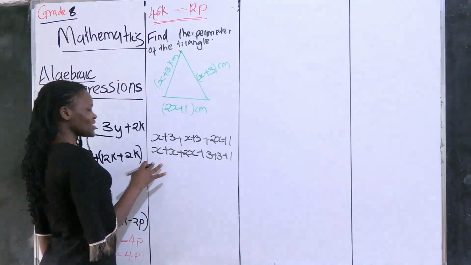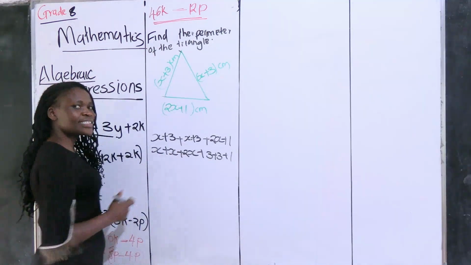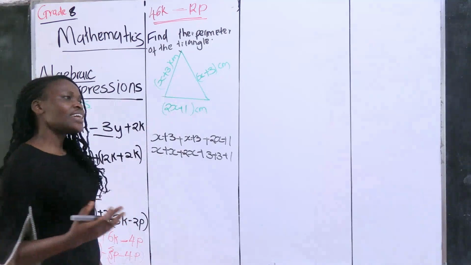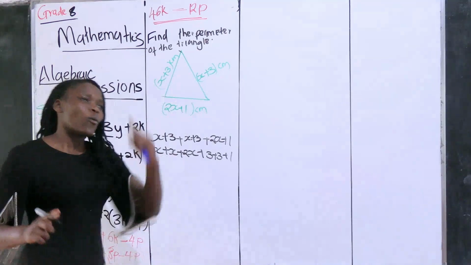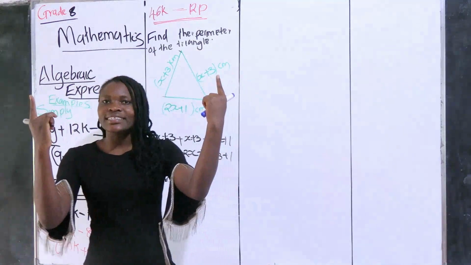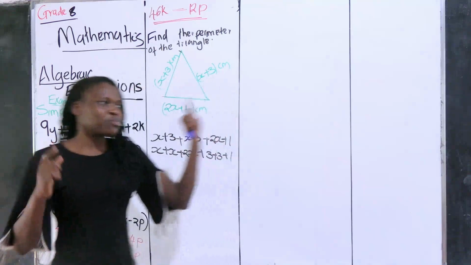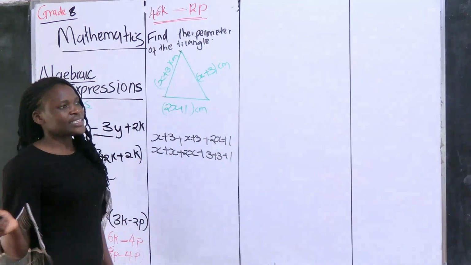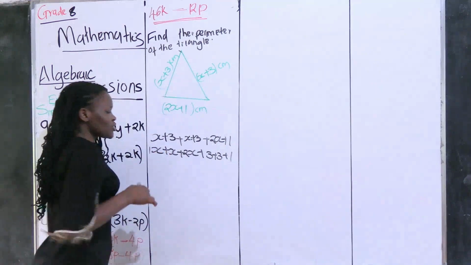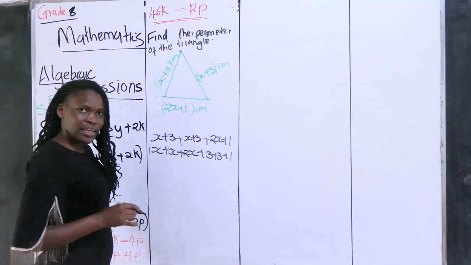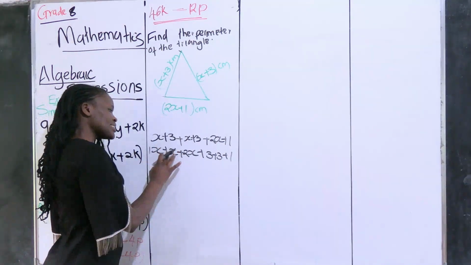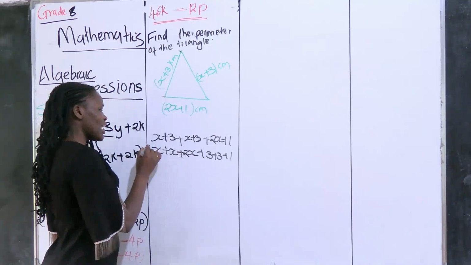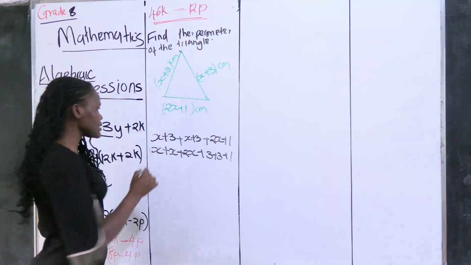So in this case, we are going to have x plus x is 2x. x plus x is like 1x plus 1x. That is why we are saying x plus x is 2x. It's like we have a silent one there and a silent one there. So x plus x will be 2x.